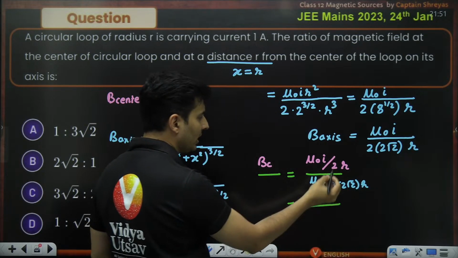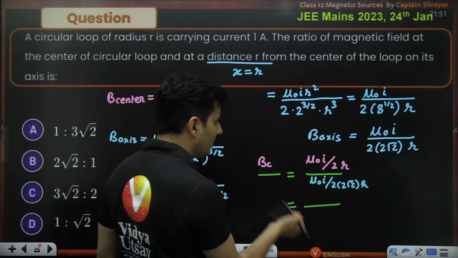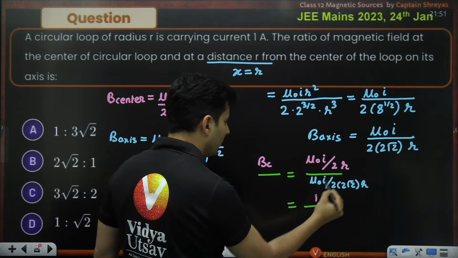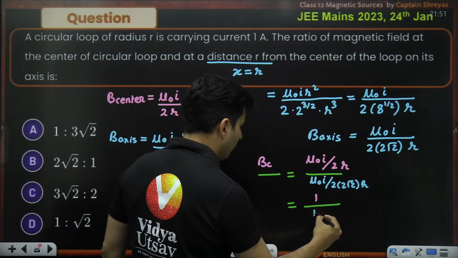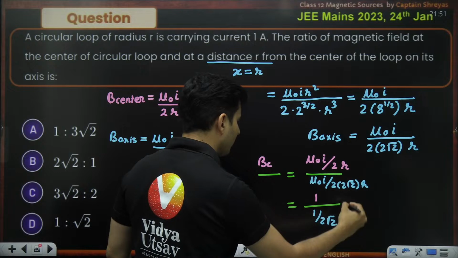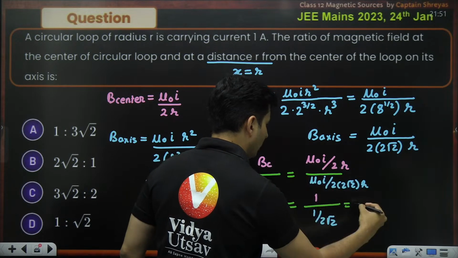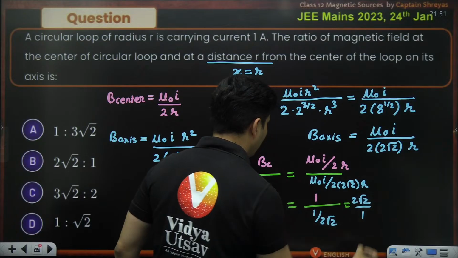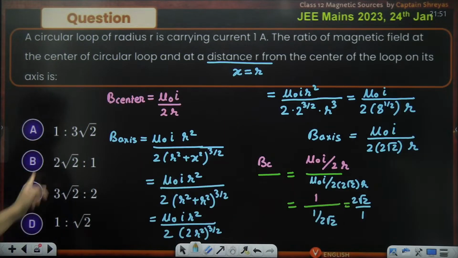Mu naught I, r, 2 cancels. So what am I left with? Nothing on the top. And over here, just 1 upon 2 root 2, which goes on the top as 2 root 2, 2 root 2 divided by 1. So 2 root 2 divided by 1, which is B option, perfectly fine.